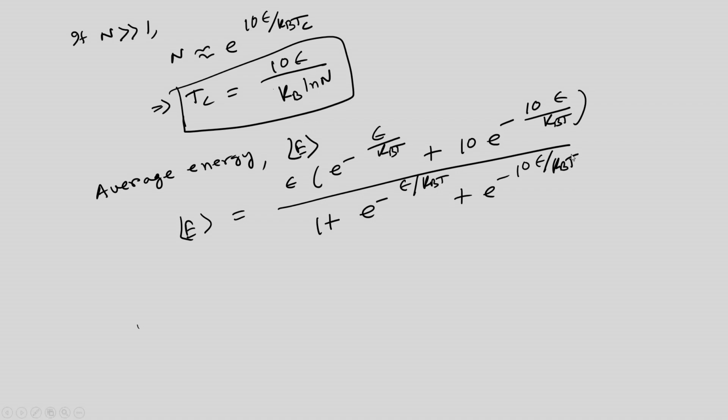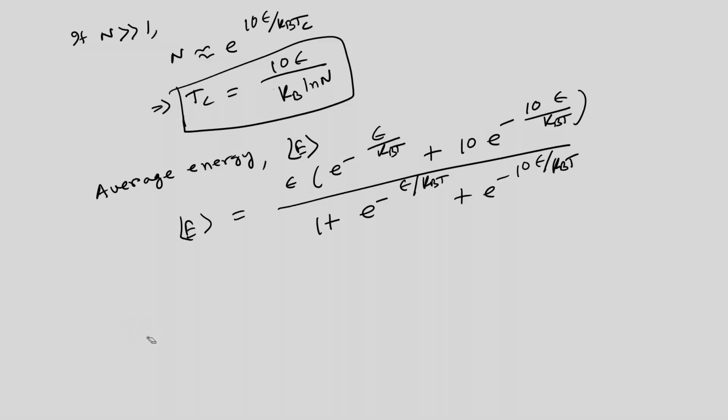This is very easy to do. You consider the partition function. Once you get the partition function, you differentiate it with respect to temperature or beta at constant N and V, and you get the average energy.